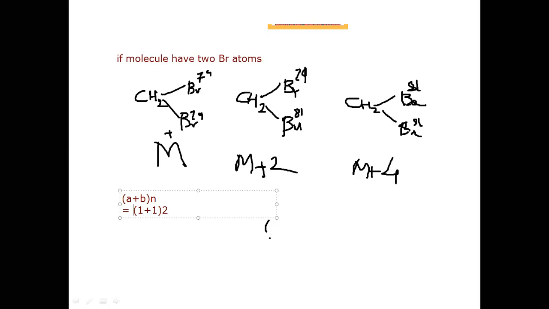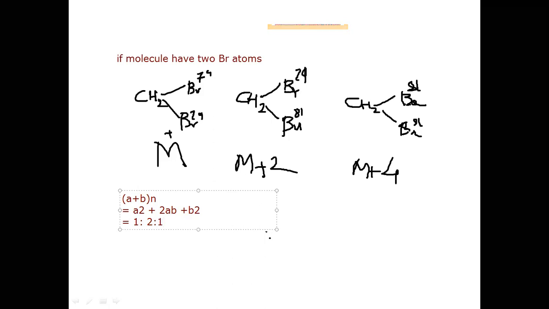Before that we have to expand this equation: a square plus 2ab plus b square. Now a square means 1 square, which is 1. 2ab means 2, because a and b are equal to 1.